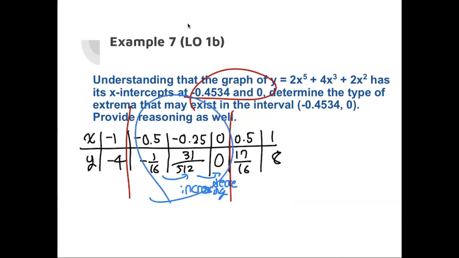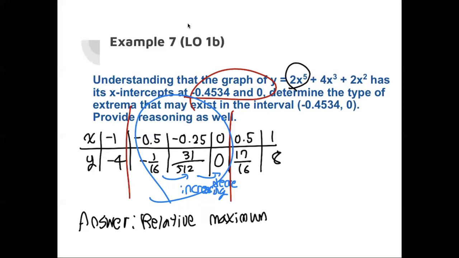From this interval, we can determine the type of extrema as maxima or maximum, right? But because this is an odd function, it can never be a global maximum. So we're going to write relative maximum. And then we're going to provide reasoning.